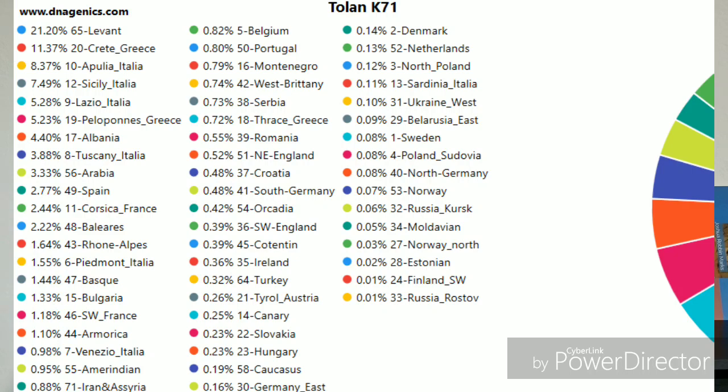Again, Levant's at the top, but then you have Crete, the Greek island of Crete, and then some Italian results, Apulia, Sicily, Lazio, and then Peloponnese in Greece. So Albania, Southeastern Europe, Tuscany, Arabia, some Spain, perhaps some Sephardic ancestry there.